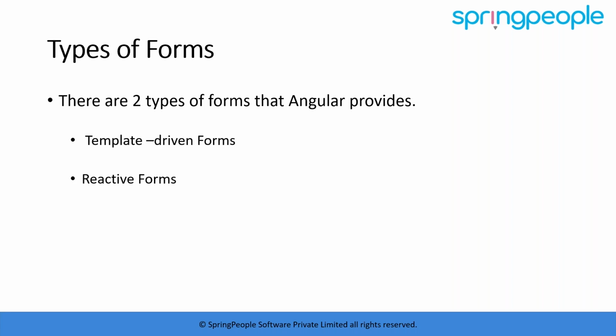When we were working with AngularJS, which was one of the first versions of Angular, it started off as a library. In the first edition of Angular, which was AngularJS, they had given us access to a directive called ng-model.